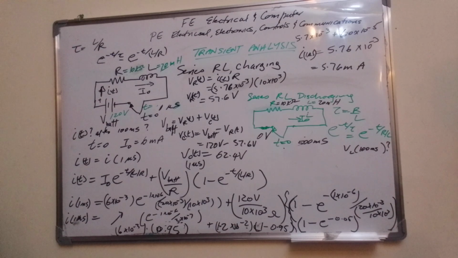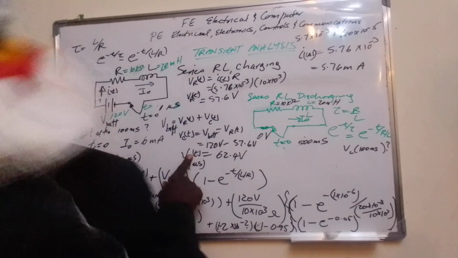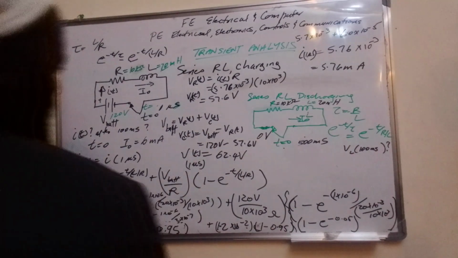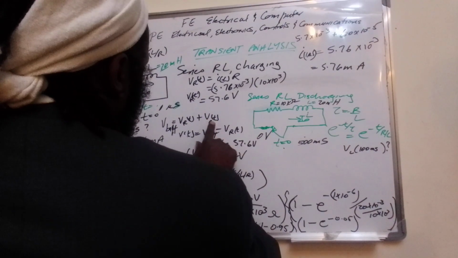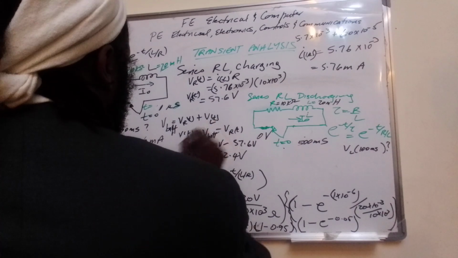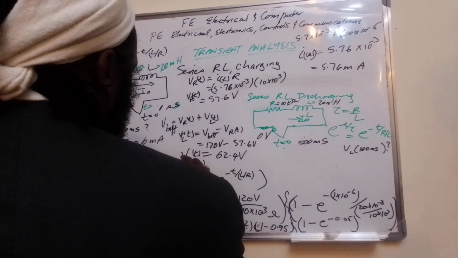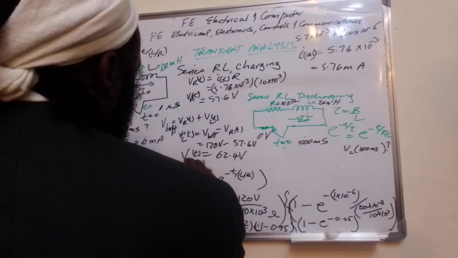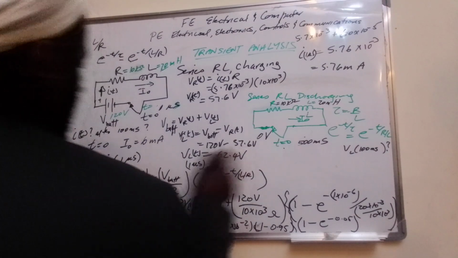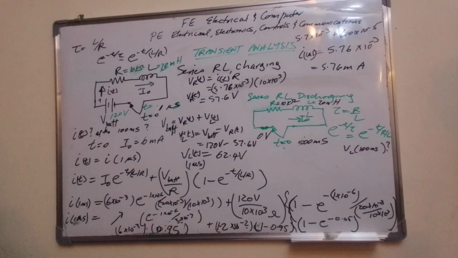So that's the voltage across the capacitor. What am I talking about? Inductor. Voltage across the inductor, right. So V sub L is equal to 62.4. My error there.